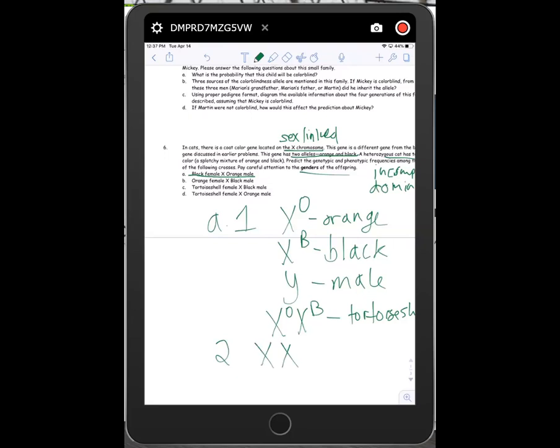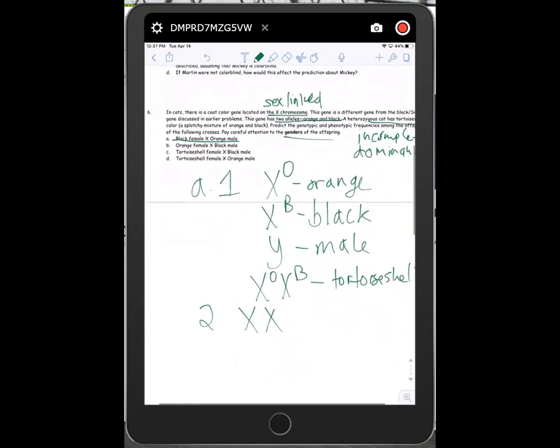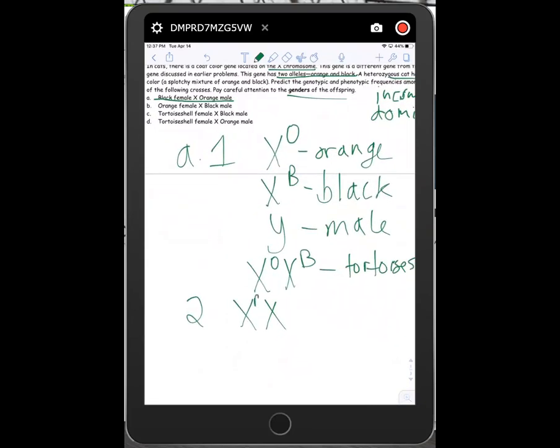Black is dominant, so she's going to have a big B, and her second allele is also going to be a big B. And then the dad is going to be XY, as it's a male. And remember, there's no allele on the Y chromosome, and this cat is orange. Okay, it says that up at the top, orange male. So what's the allele for orange? It's going to have a capital O right there.